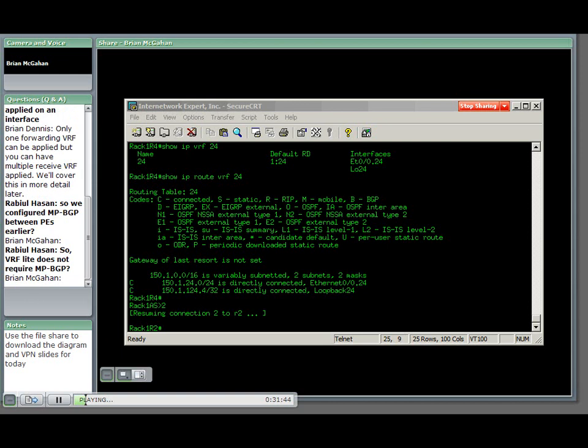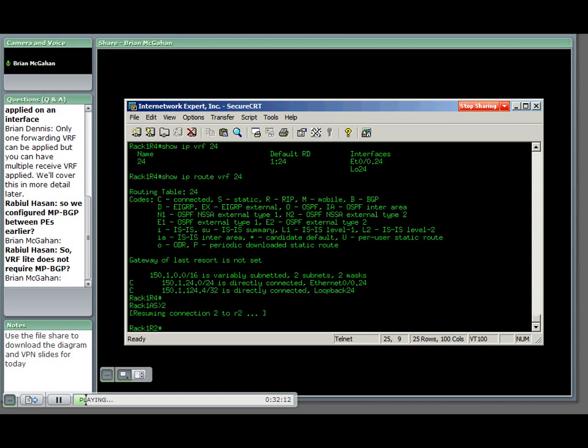Okay, so there's a question here. VRF Lite does not require multi-protocol BGP. That is correct. Once we start to involve multi-protocol BGP, then it is going to be relating to an MPLS VPN. VRFs do not directly relate to MPLS, but they are used inside MPLS to keep routing information in separate tables. The VRF process itself is used just to move interfaces into separate routing tables.